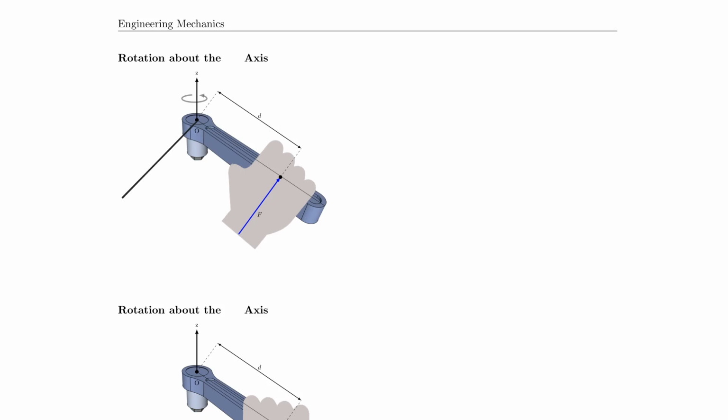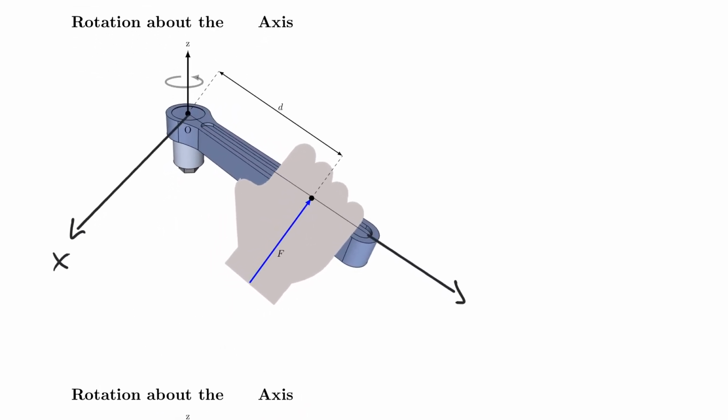So let's say I have, for example, here an x-axis, and then the wrench here is actually the y-axis. And therefore you can say that this F here is actually parallel to the x-axis, so that's Fx, whereas d is parallel to the y-axis. So Fx is parallel to x-axis, whereas dy is parallel to the y-axis.